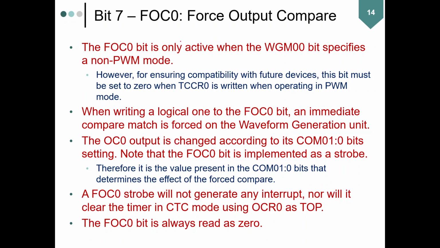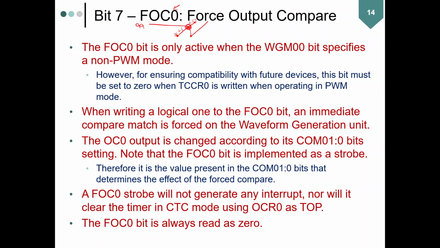So suppose your counter is counting from 0 and going up to this value. I'm showing this as 0, 1, 2, 3; just consider them as steps. And here is 255. Suppose it has counted up to 99 and you make this bit FOC0 as 1. If you make this 1, this signal is going to mimic as if your comparison has already occurred, and because of that it is going to force it to come down to 0 and start counting again.